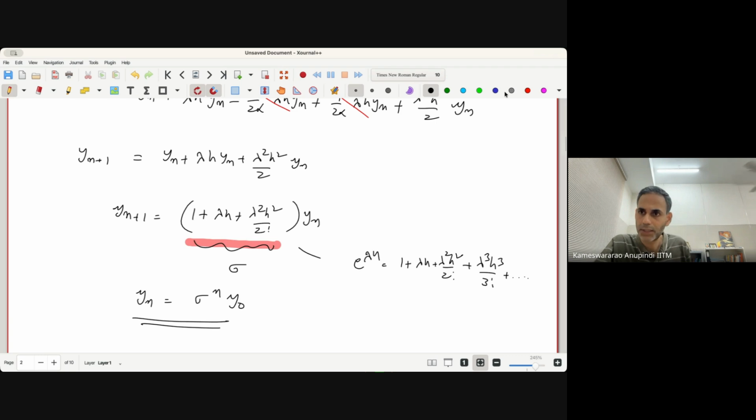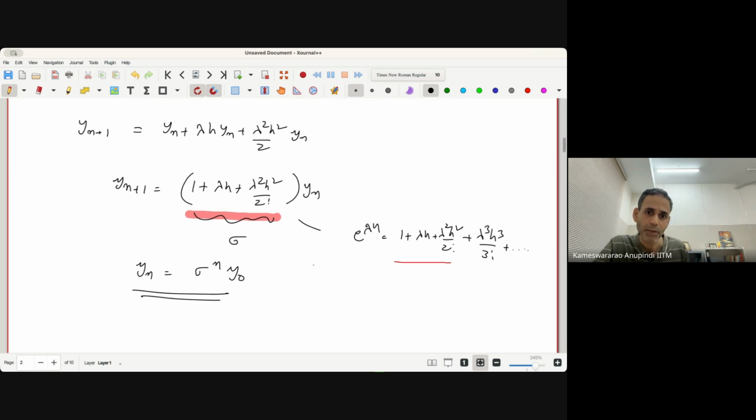Now we can see that it is matching up to the second order accurate term, 1 plus lambda h plus lambda square h square by 2 factorial. As we said, if this series is matching up to lambda power alpha h power alpha by alpha factorial, then we say that the method is alpha order accurate.